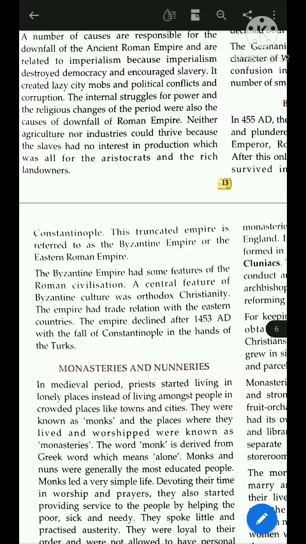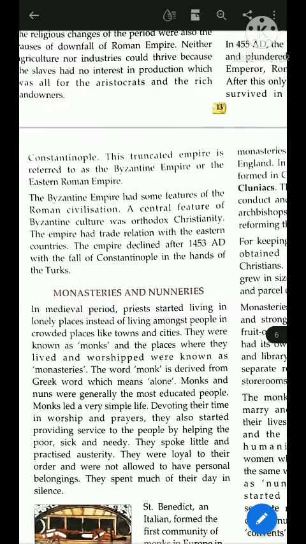The other name of the Byzantine Empire was Eastern Roman Empire. The Byzantine Empire had some features of the Roman civilization.